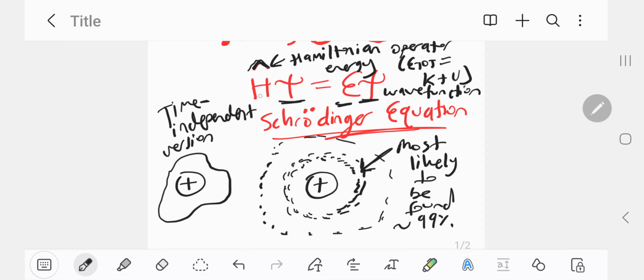How fast the electron's moving, that's kinetic energy, and where it is, that's potential energy. So in other words, if you use this operator H hat on the wave psi, this tells you the total energy of the system, E, of the electron.